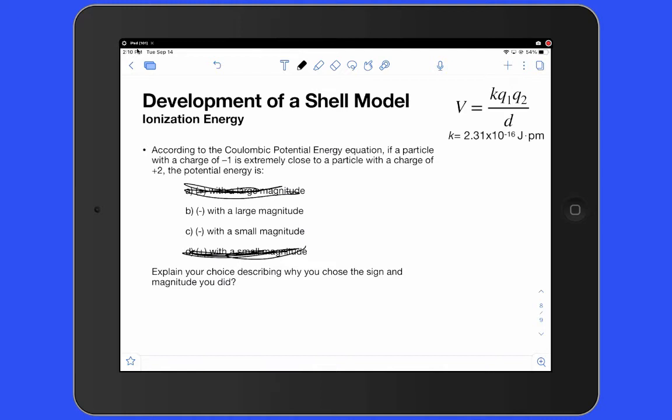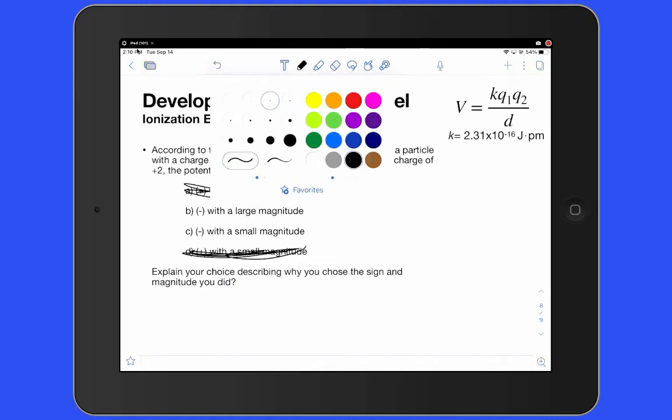Now, Elizabeth, why B? Because they're extremely close. And the closer you get, what? The larger the magnitude, or stronger the attraction. Good job.